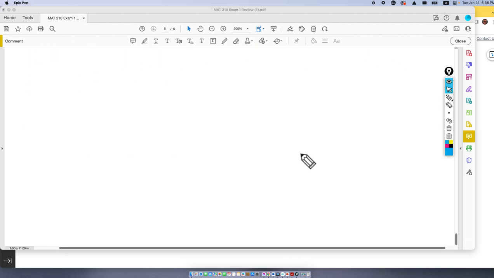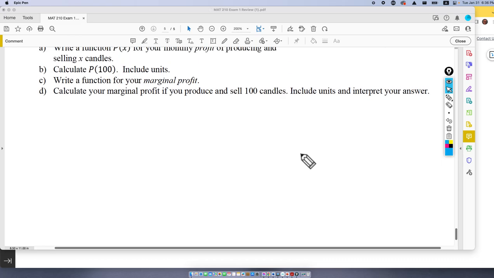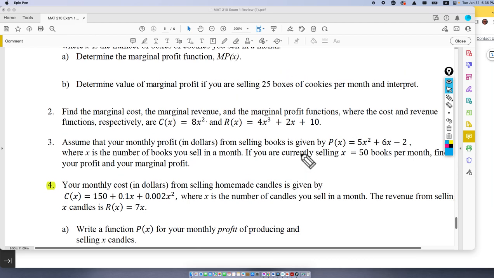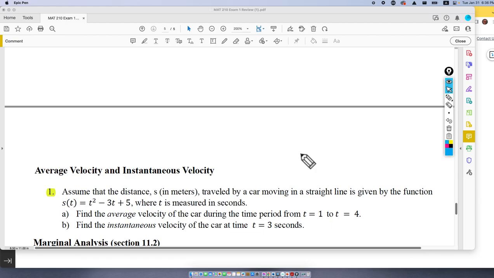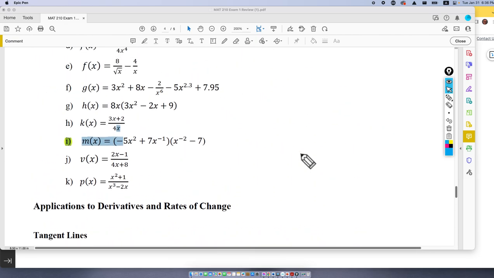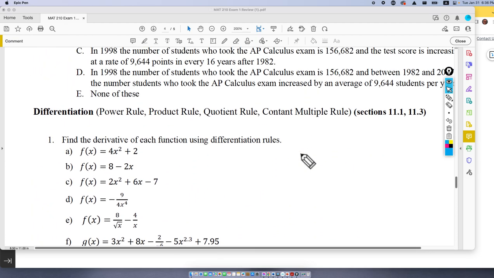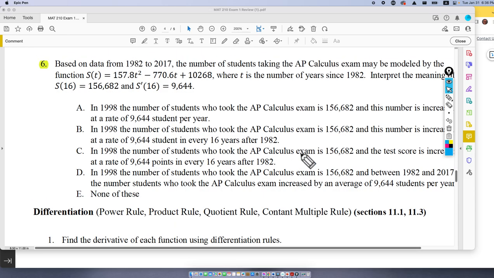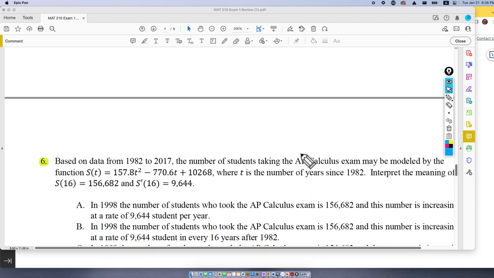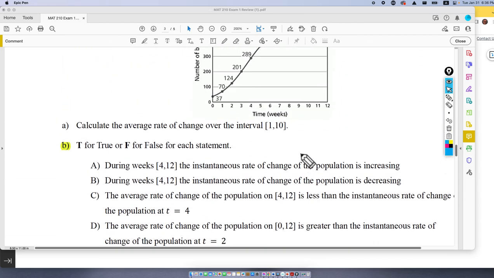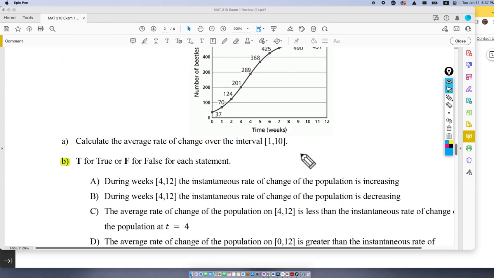Okay. Whoa, we're done. That's the test. I made sure that, let's see, what did I do? I marked 1, 2, 3, 4, 5. There's one that I'm going to change. So I've got 5 so far. 6, 7, which actually has 3 questions there, right?